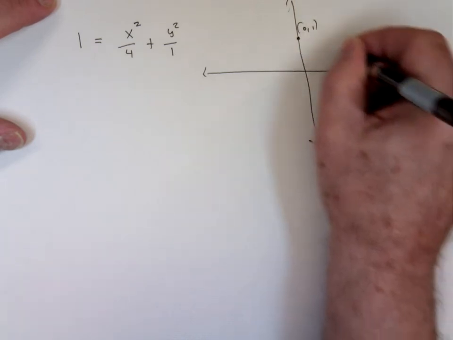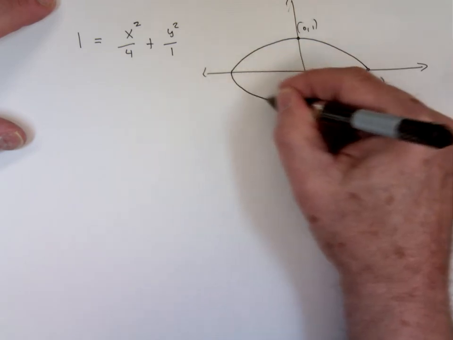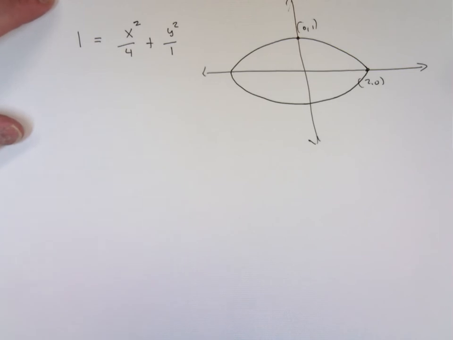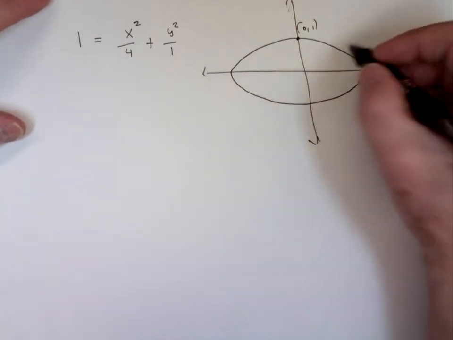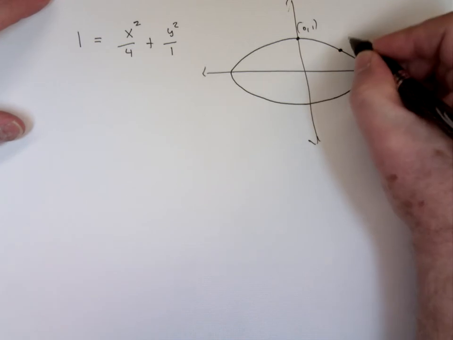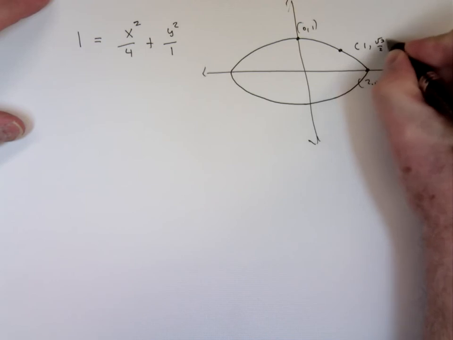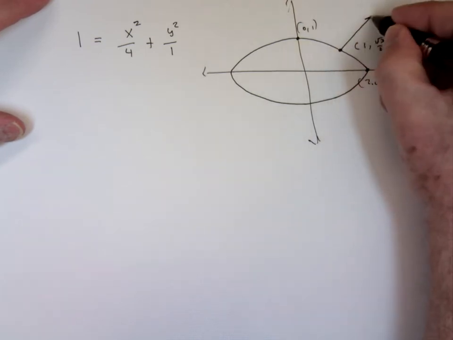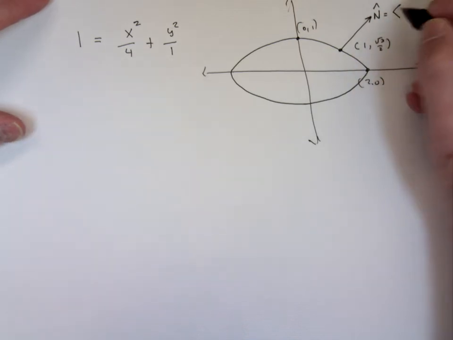This is the same picture as on the other one, except better. Okay, here's our point. Here's our normal vector that we just did.